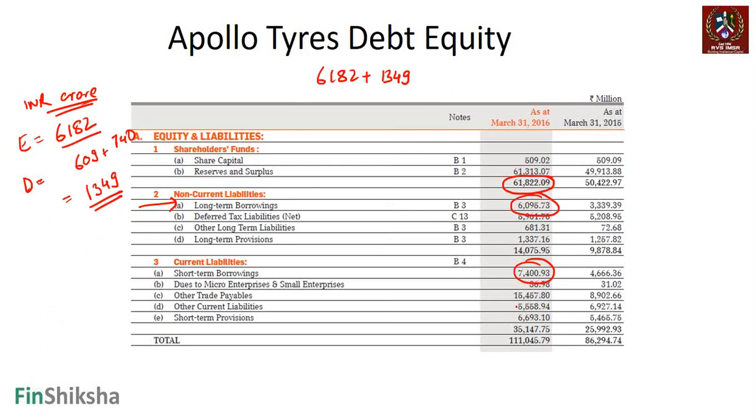So that's one. You could also find that sometimes some part of the long-term borrowings. So long-term borrowings are the greater than 1 year borrowings, and short-term borrowings are the less than 1 year borrowings. Sometimes you could have a long-term borrowing, but it's payable next year, right? So it's payable on, let's say, January 2017.